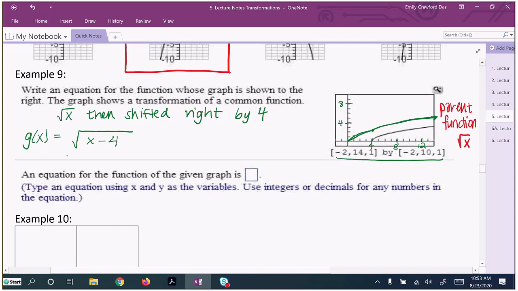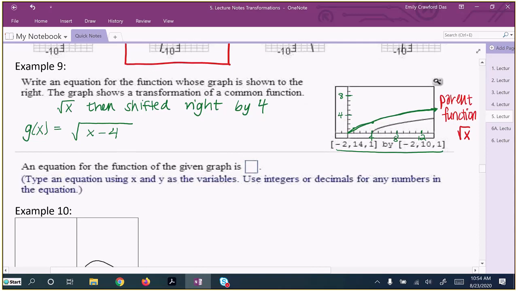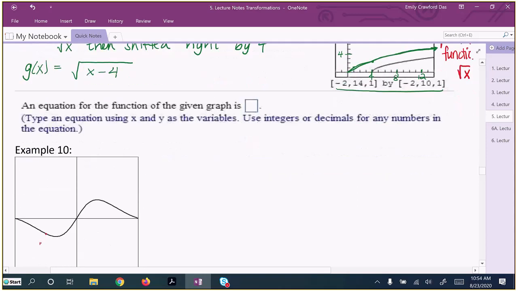So g of x equals square root of x minus 4, and this subtraction is taking place under the square root, or with the x coordinate. That will be the graph of f of x, square root of x, shifted right by 4. So this should go in this box here.